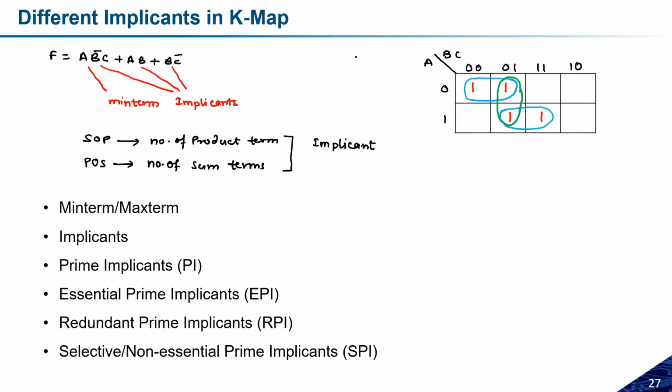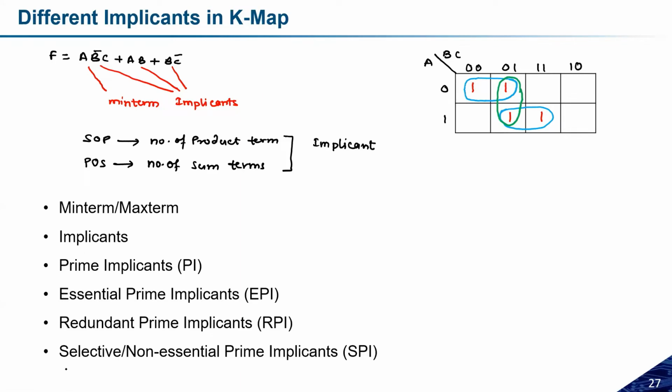One very important thing is, if we differentiate essential, redundant, and selective: the essential prime implicants will appear in the final expression. Redundant prime implicants will never appear in the final expression, whereas the selective or non-essential ones may appear or may not appear. So both are possible. This is how they are different.